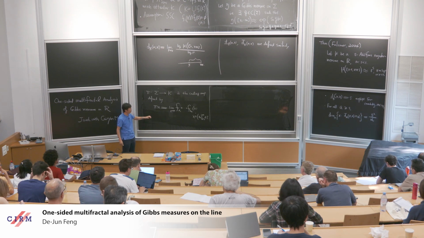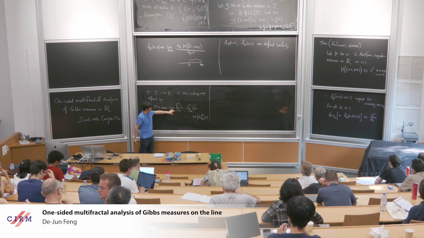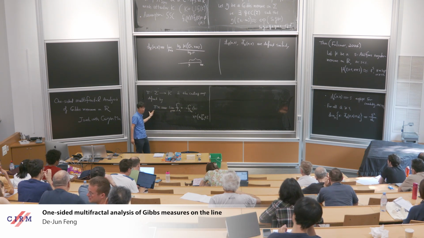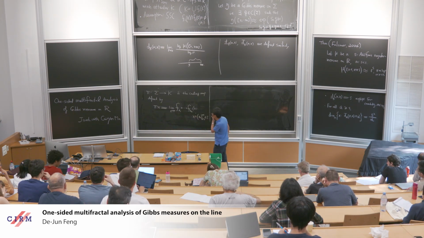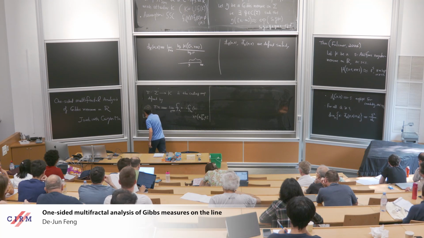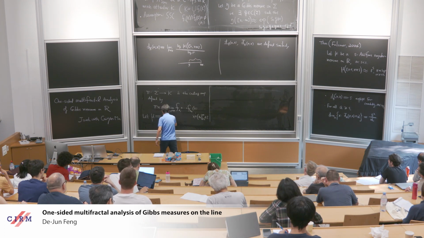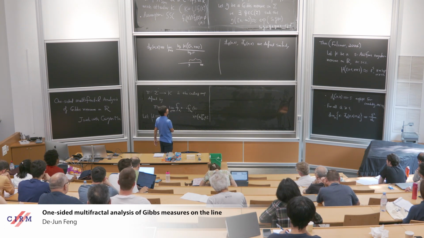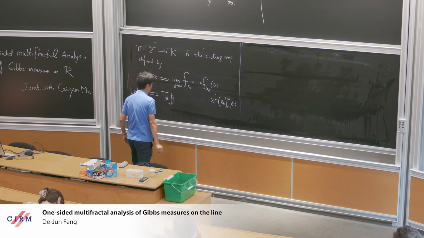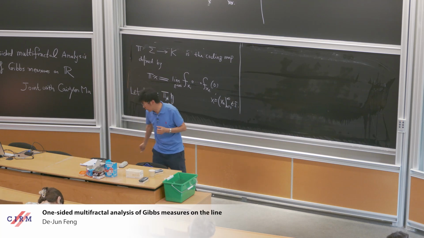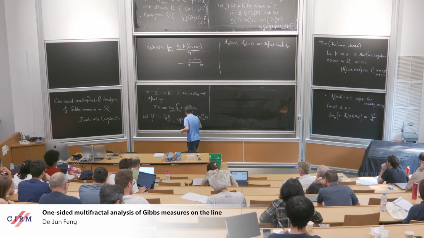So any point on the symbolic space, using this composition, you will get a unique point. So this is the so-called coding map, and we can let mu equal to the push forward of eta. So this measure, of course, is supported on K.